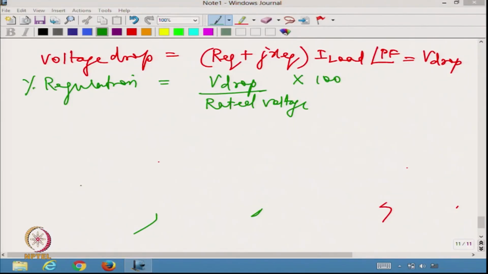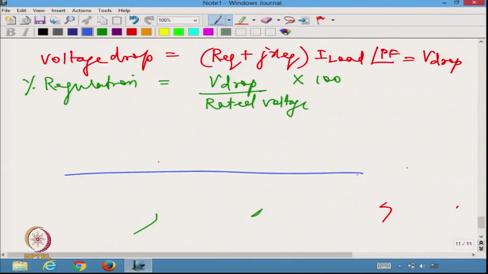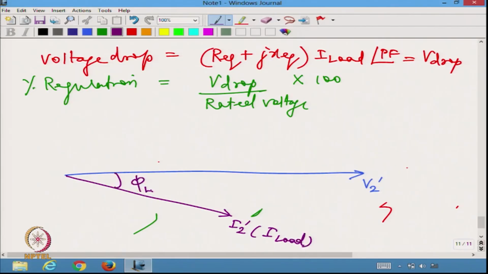So, if I actually draw the phasor diagram, I should say this is what is my voltage, which is actually V2 dash or load voltage. Now, I would say maybe my current is lagging behind by some angle. Let me call this as I2 dash or I load. Maybe this is at an angle of phi L. This is the load power factor angle.